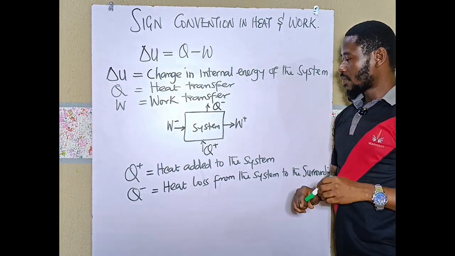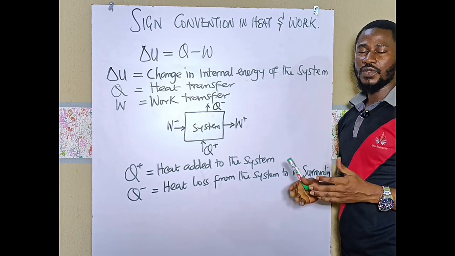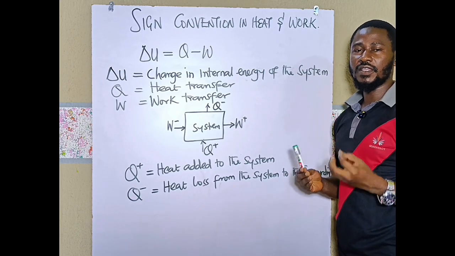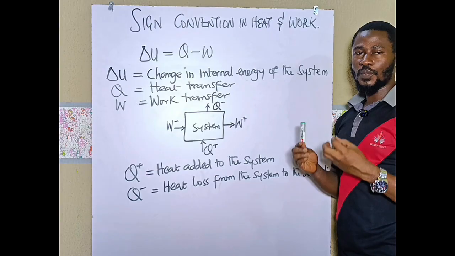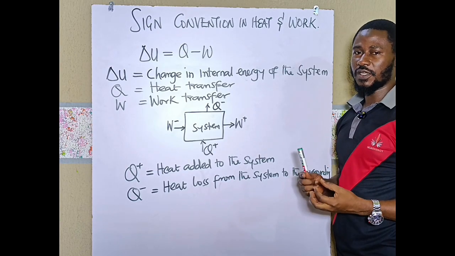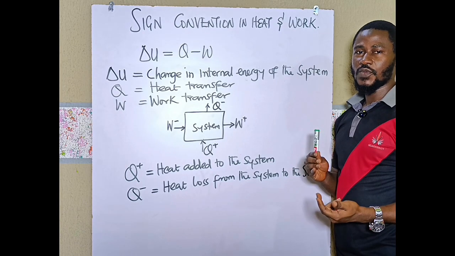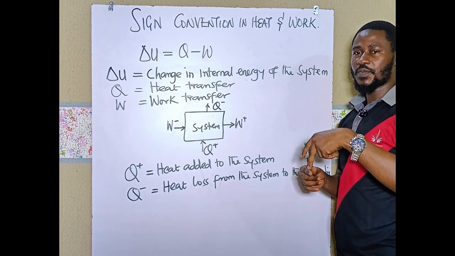Now let's take an example of heat added to the system. If you have water in a pot and the pot is placed on a hot plate or a gas burner, the gas burner is the one supplying heat into the system.